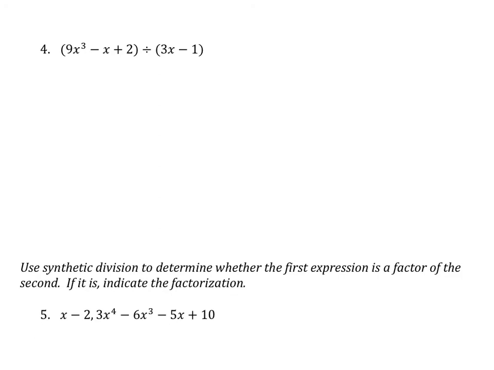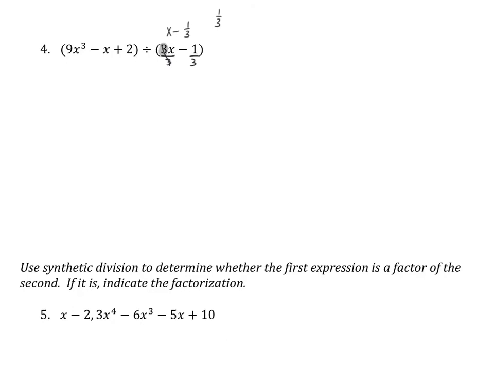So if this is not a 1, you have to divide by something that'll give you a 1. So if you divide by 3, that will make that a 1. So now this will be x minus 1/3, and so the 0 will be 1/3. That's always how you will start out, is making sure you have a 1 in front of the x there. If you don't, you adjust it.